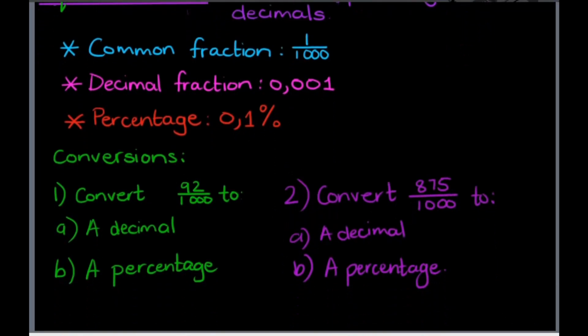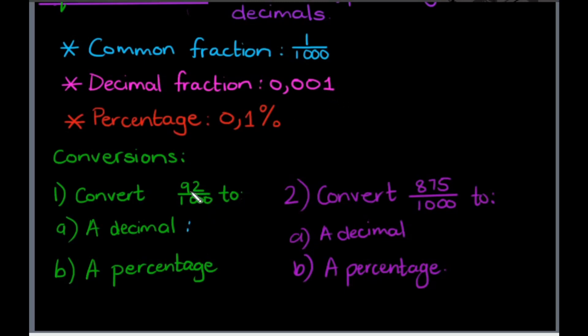In order to convert a thousandth to a decimal, it's pretty easy if you just remember that the one digit, or the unit in this case in the numerator, will be in the place where this 1 is.